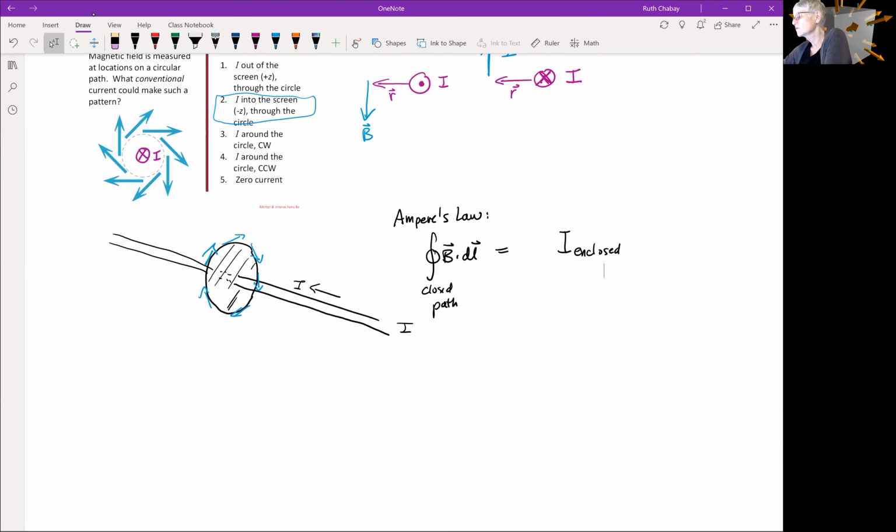What does enclosed mean? It means pierces the soap film stretched across the path. And the proportionality constant is mu0.